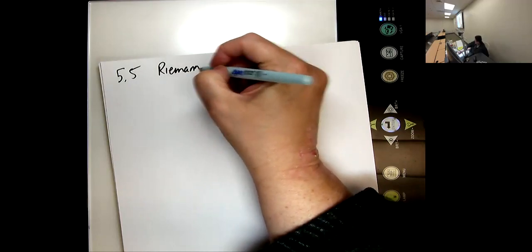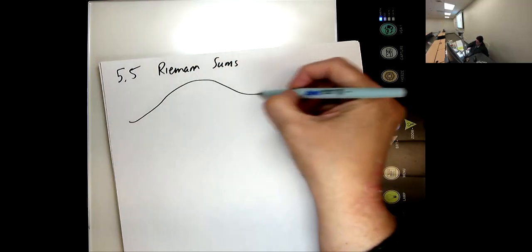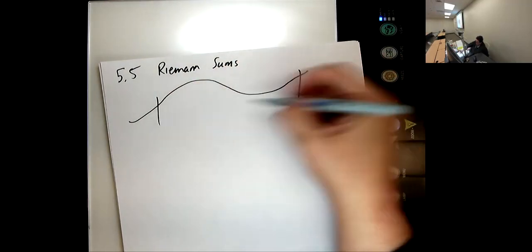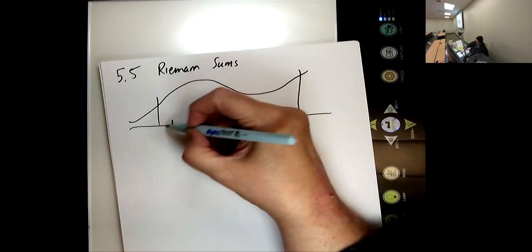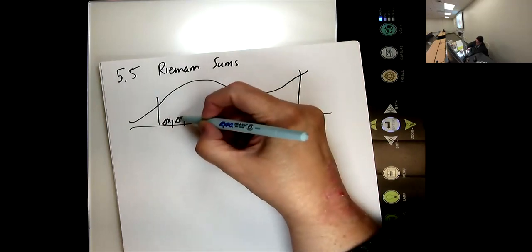So 5.5 is on Riemann sums. So what we've been doing is we've been breaking this up into delta x, where delta x is the same width.